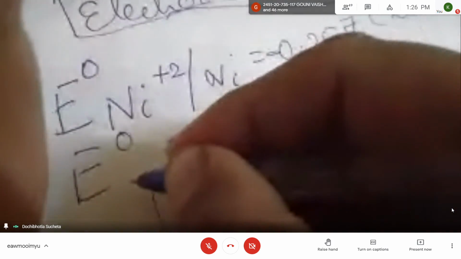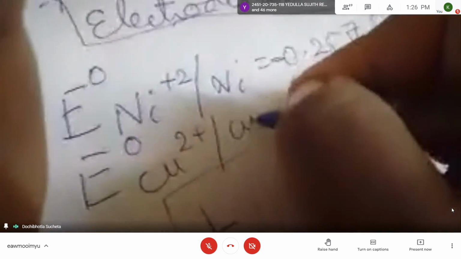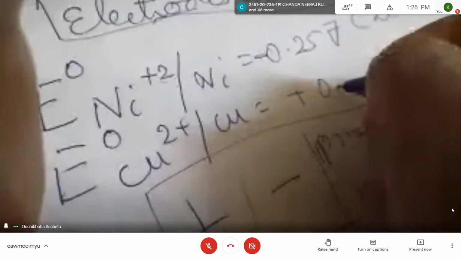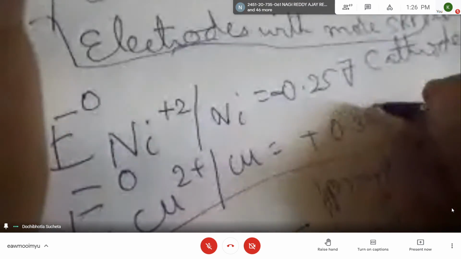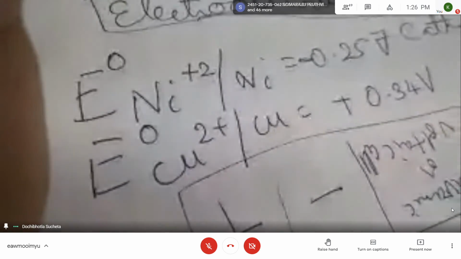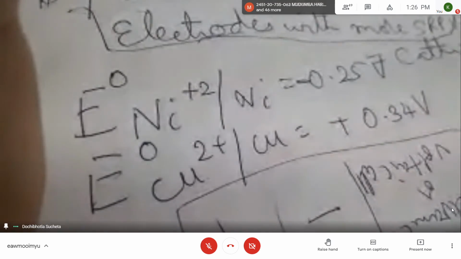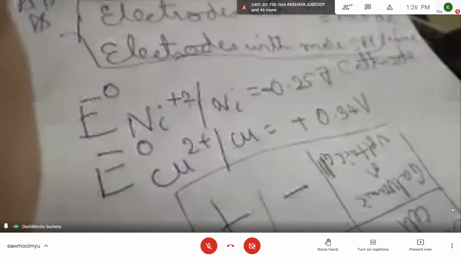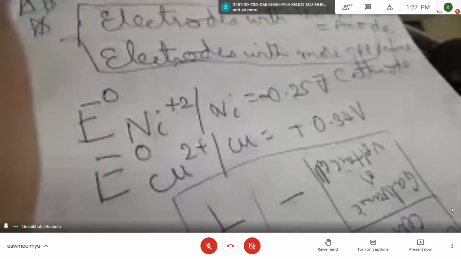Whereas E naught of Cu2+/Cu is equal to plus 0.34 volt. Units are important. Which is anode and which is cathode? Nickel is anode. Copper is cathode.